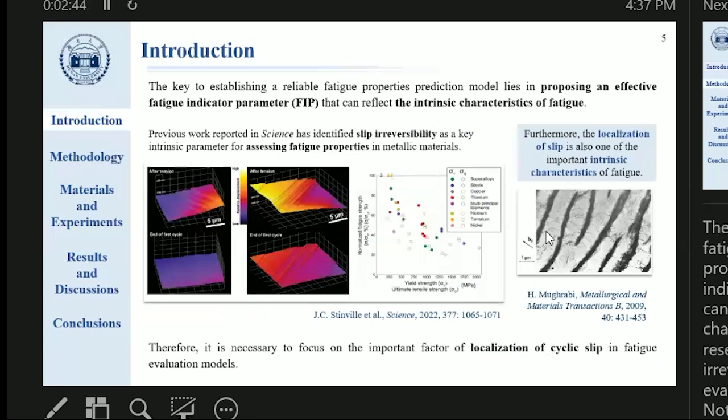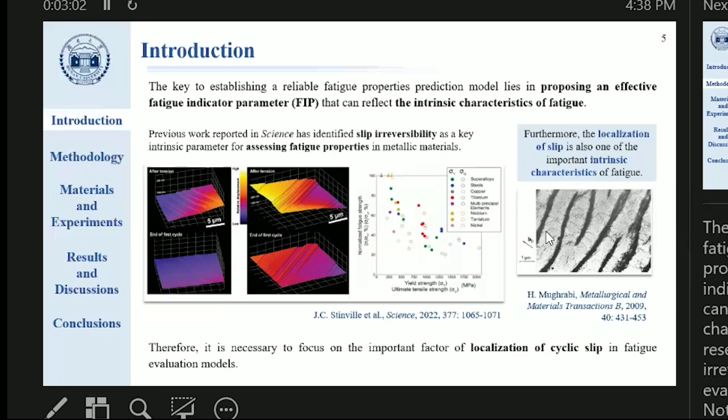At first, the key to establishing a reliable fatigue prediction model lies in proposing an effective fatigue indicator parameter, namely FIP. This FIP should reflect the intrinsic characteristic of fatigue.